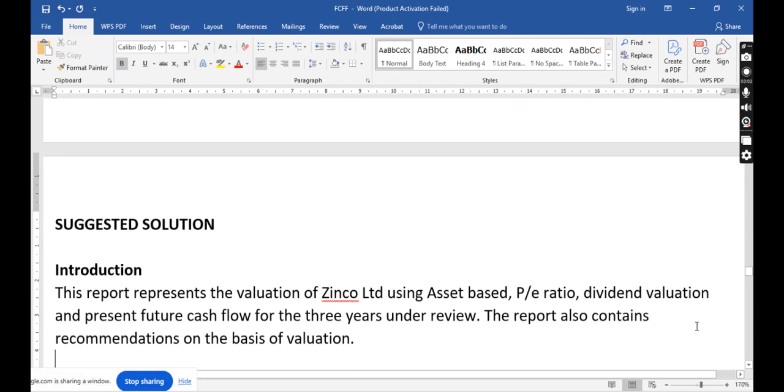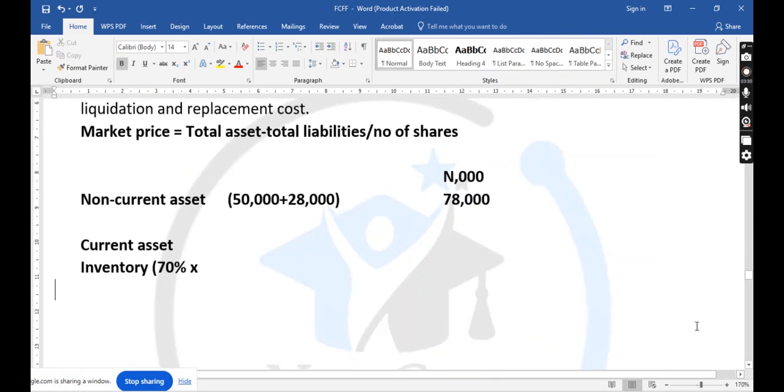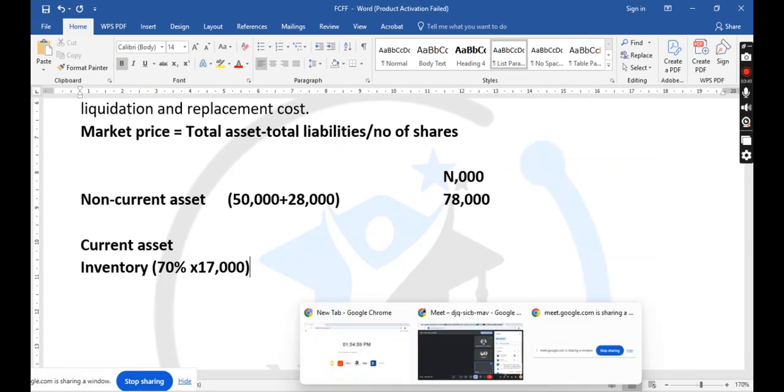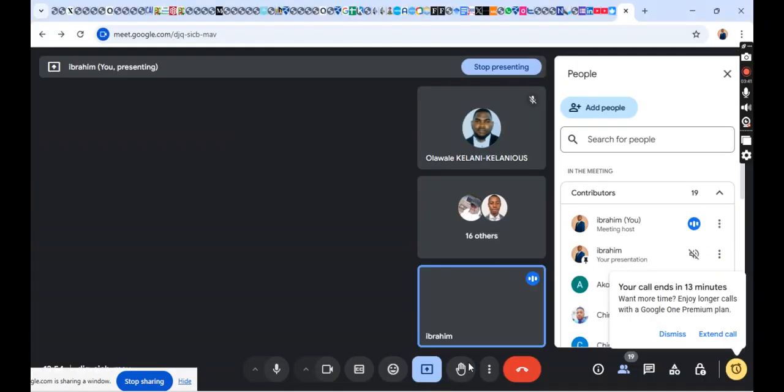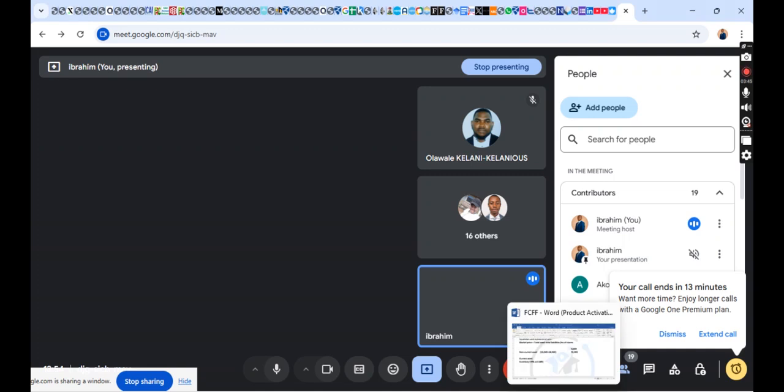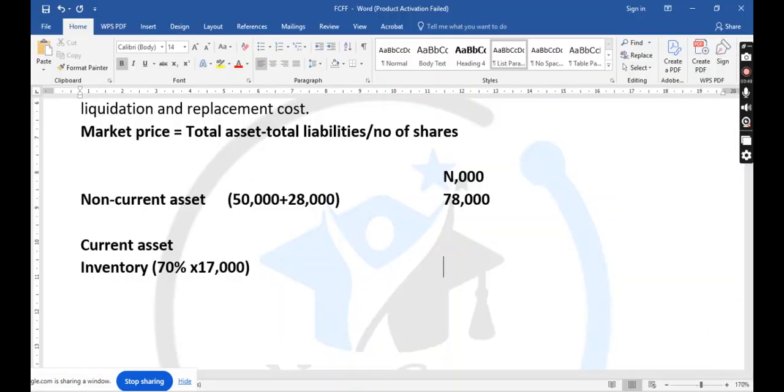So inventory is 17,000. So what is the figure? 11,900. Okay, 11,900. Then, which other asset do we have?